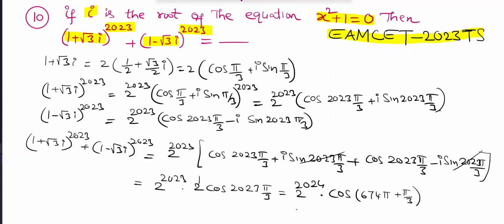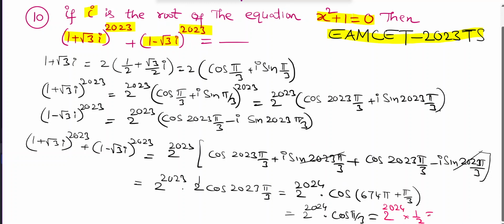Here 674 is an even number, so this is equal to 2 power 2024 into cos pi by 3. We know that cos pi by 3 value is 1 by 2, that is 2 power 2024 into 1 by 2, the 2 cancels, so the final answer is 2 power 2023. That is the final answer.